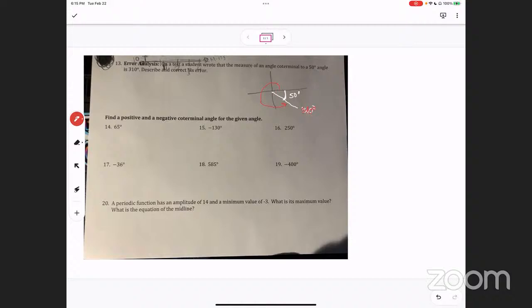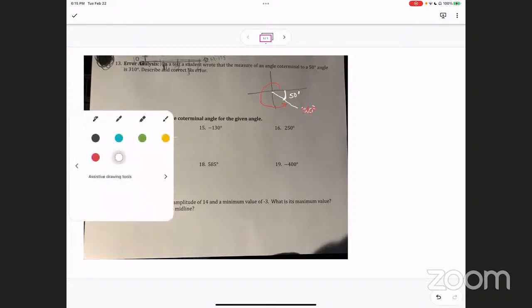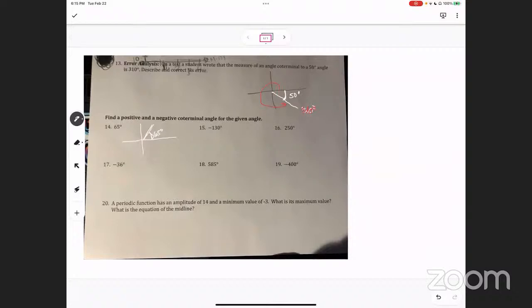Got it? Yes. All right, next, find a positive and negative coterminal angle for the given angle. Okay. So I'll do the first one, you do the second one. Deal? 65 is right about here. So a negative coterminal angle, I shall use black for the negative one, is going to be like this.